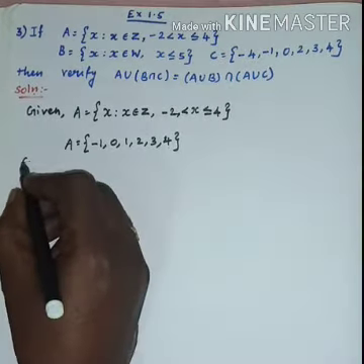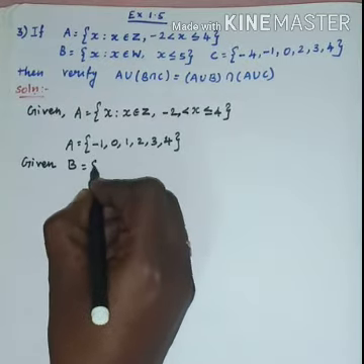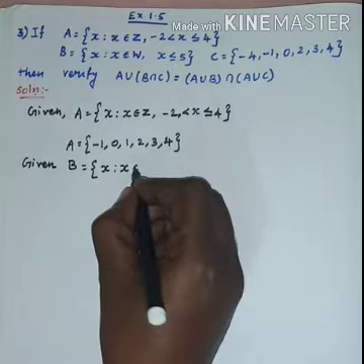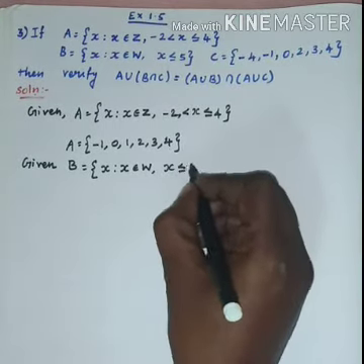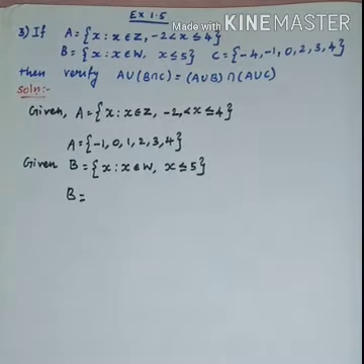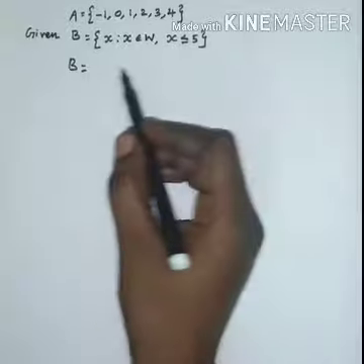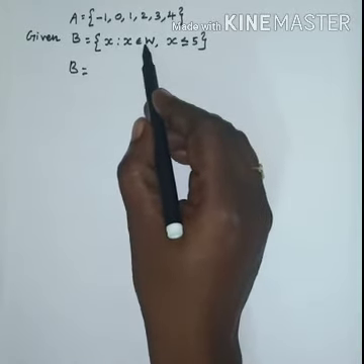Similarly, given B is equal to, what is B? B is nothing but x such that x belongs to whole number. W is nothing but whole number, and x is less than or equal to 5. So the elements of B can be written as, x belongs to whole number.